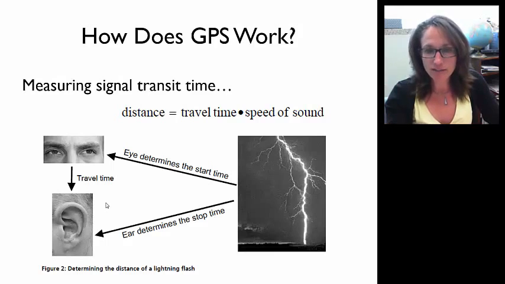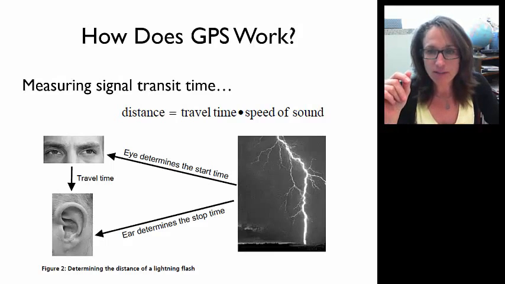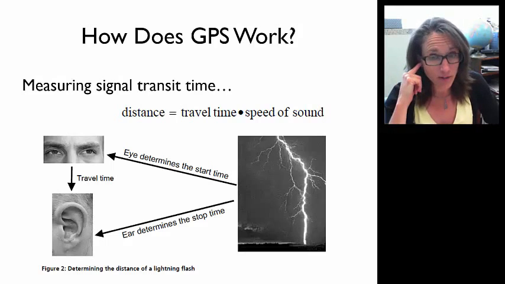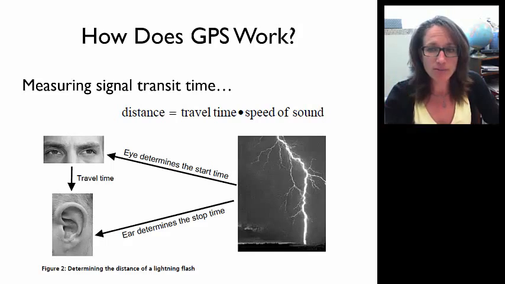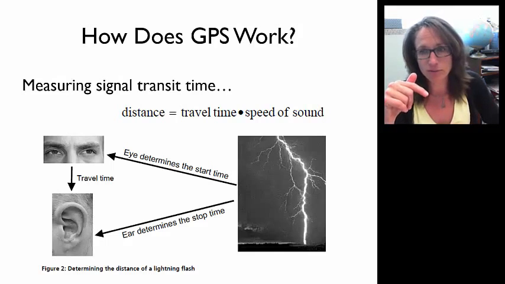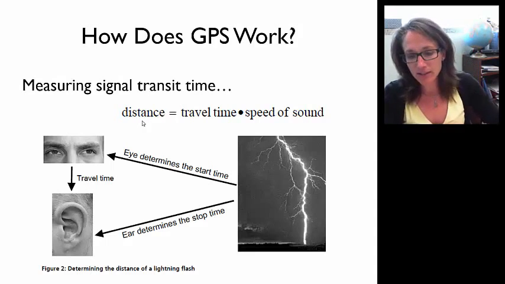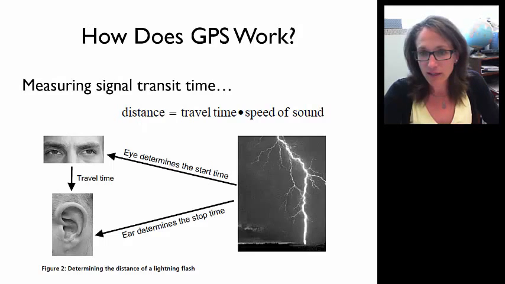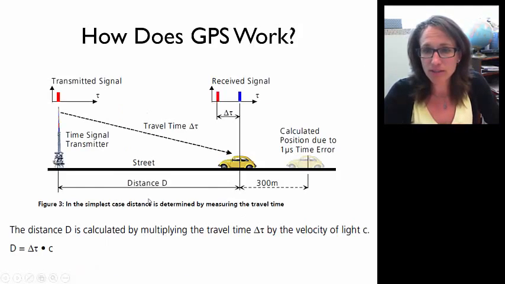So if we start our stopwatch when we see the lightning and we stop it when we hear the sound, then we know the travel time of the sound wave from the lightning strike to us. If we multiply that travel time times the speed of sound, we can get the distance from us to the lightning strike.